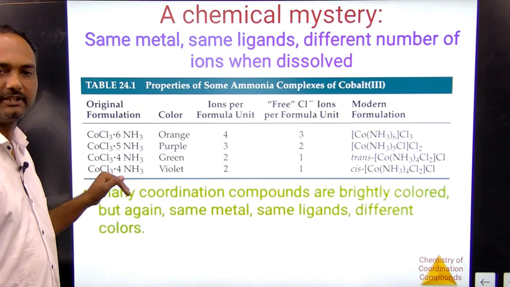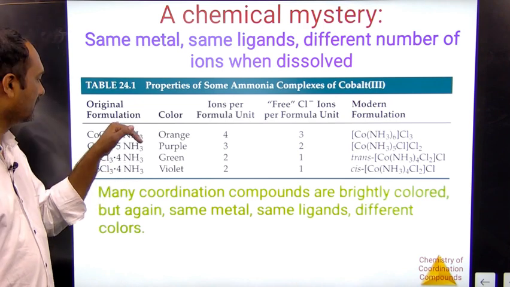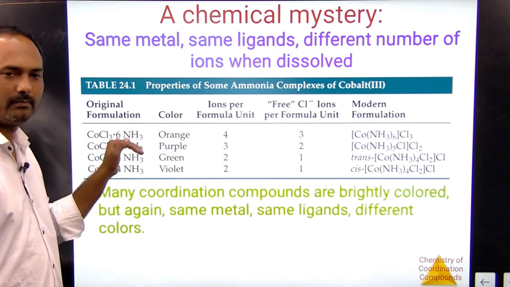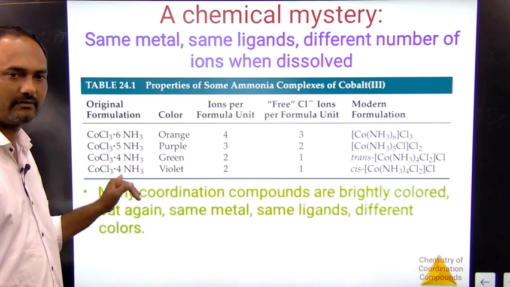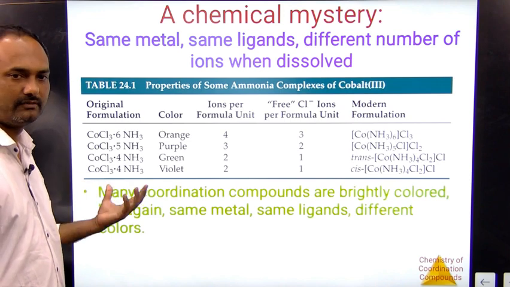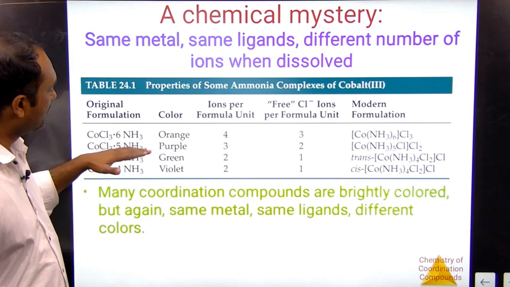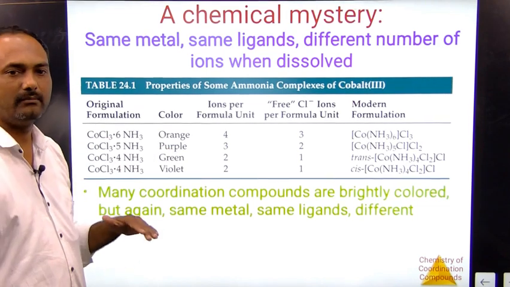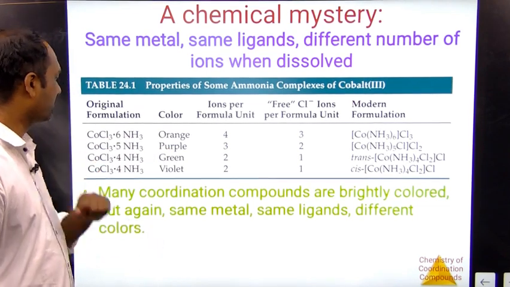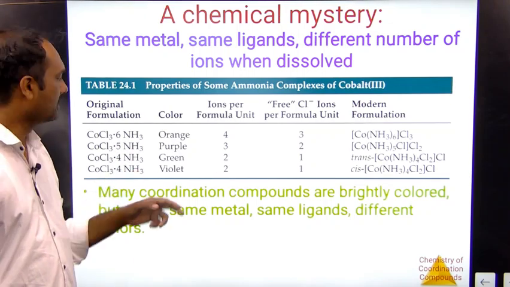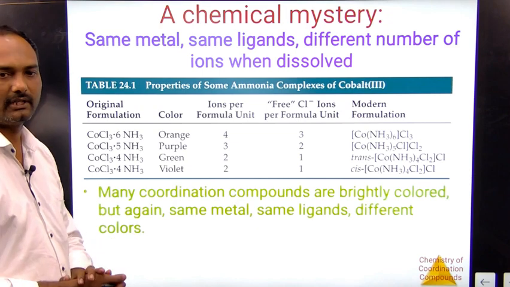Then again there are 3 chlorine atoms in the complex, and only the number of ammonia ligands decreases. In the first complex there are 6, then 5, then 4, and the last is also 4. So only by a change in the number of ligands, that is amine or ammonia ligands, there is a change in color also.